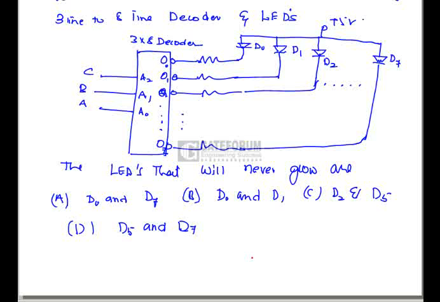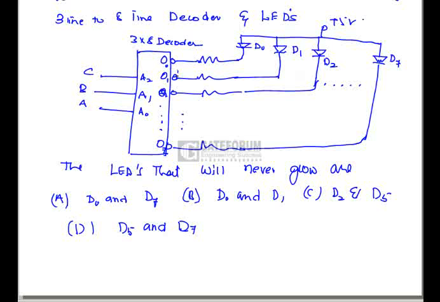This is the twisted or Johnson counter. It has 3 flip-flops, meaning 6 states, so out of the 8 states, 2 states are unused, meaning ABC will never get those values as outputs. If we give that to the 3 to 8 line decoder, 2 lines are not going to be activated.